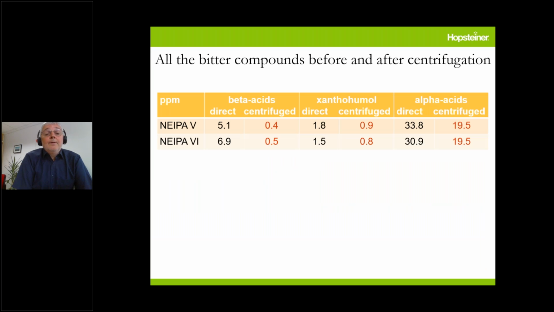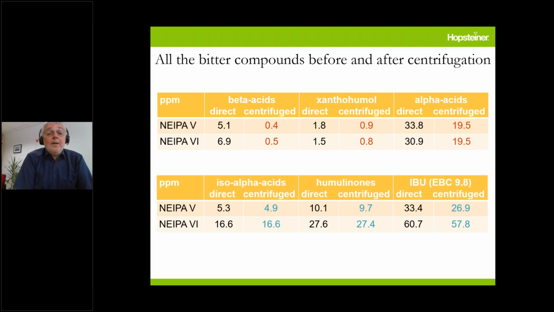Now we have a look at the whole range of bitter compounds. This is the same table that I showed you before on the beta acids, the xanthohumol and alpha acids. And here you see the table on the iso-alpha acids, humulinones, and also the international bitter units level is given here.